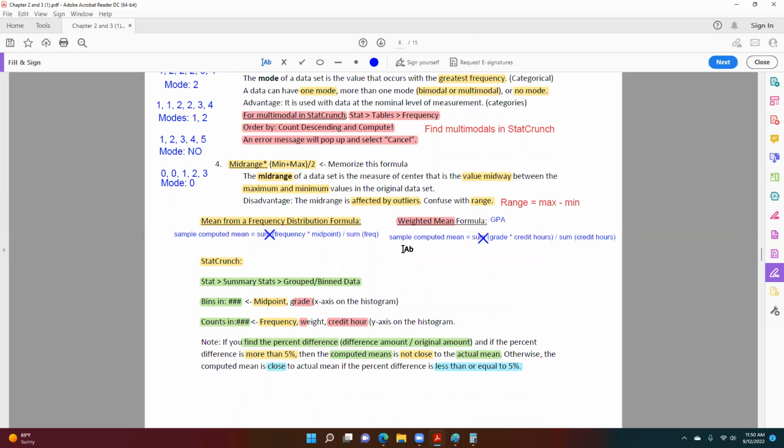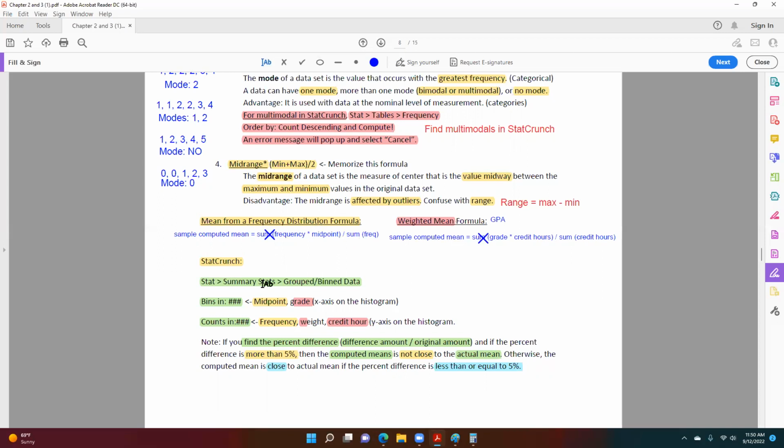When you watch the videos on how to solve this, they will use the formula to teach you how to find these computed means. It's not wrong, I just don't want you to get confused between the method I'm teaching, which uses StatCrunch, and using the formulas. If you want to use the formula, then you have to memorize it. Otherwise, you just need to know how to use StatCrunch.